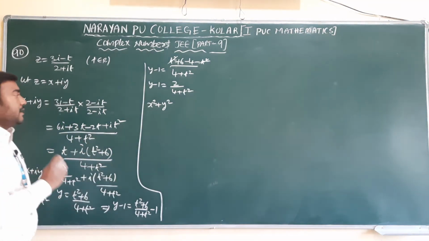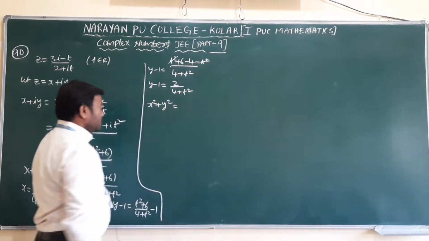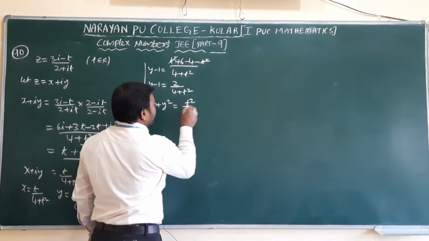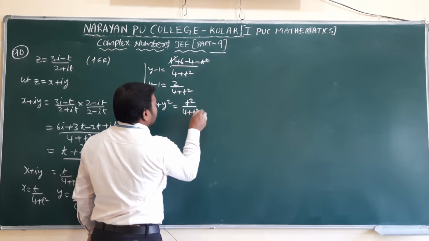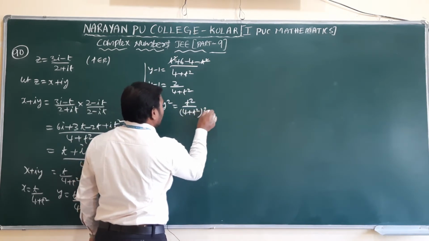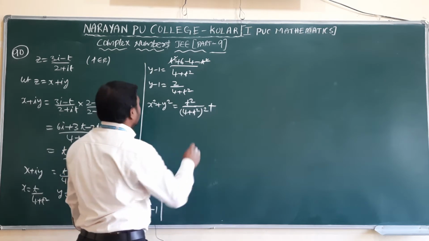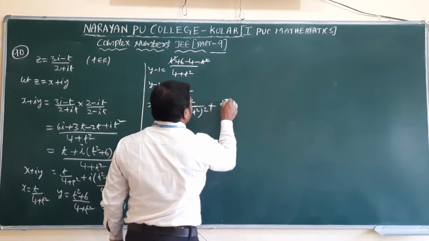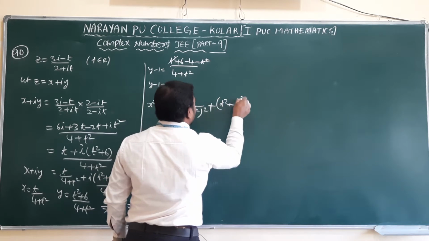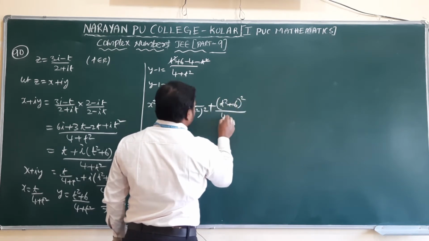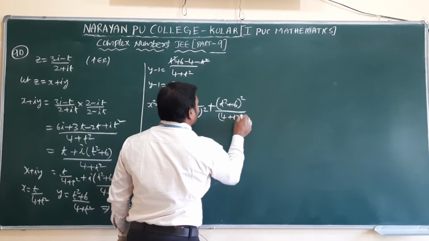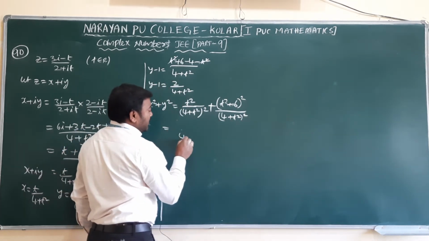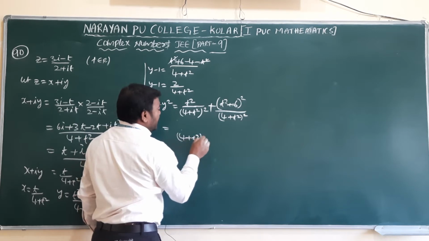Then we have to find this value x square plus y square is equal to x square value t by 4 plus t square whole square plus y value t square plus 6 whole square divided by 4 plus t square whole square. Now we have to take LCM 4 plus t square whole square.